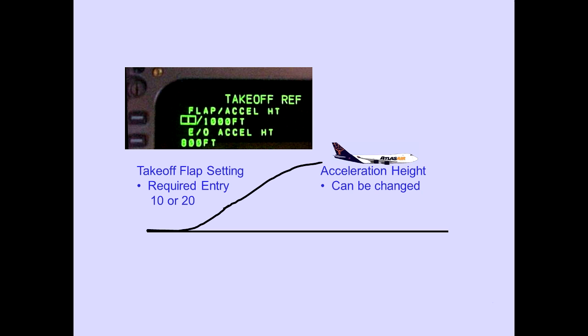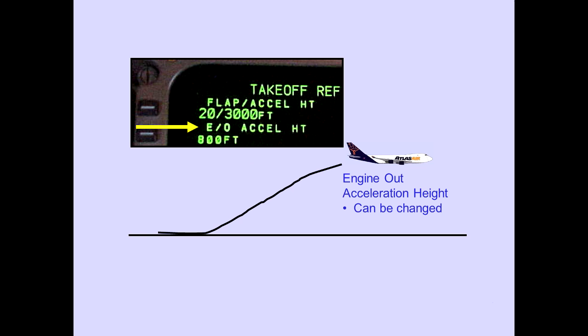Acceleration height can be changed by the flight crew. Engine out acceleration height defaults to 800 feet above ground level. However, engine out acceleration height can be changed by the flight crew if the data in the Runway Performance Manual, RPM, dictates.